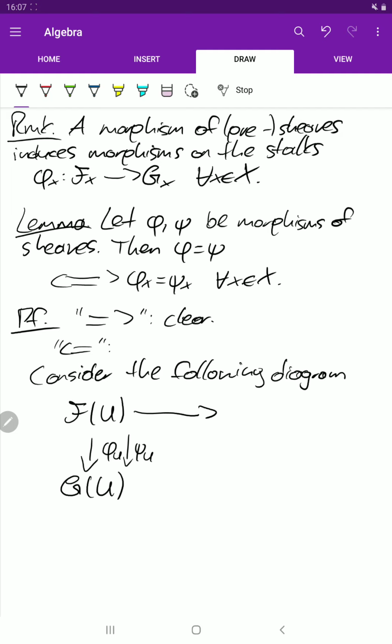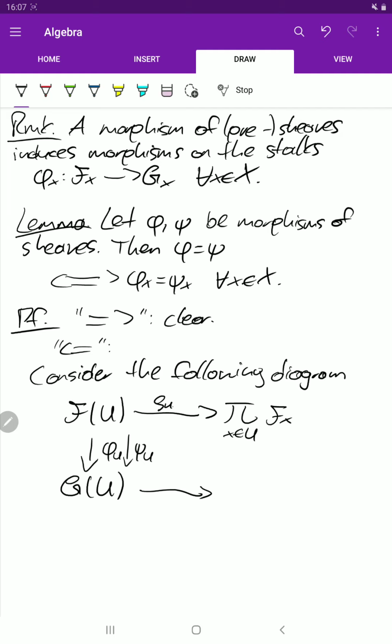Then we have a morphism, the morphism from above, so this rho_U, so that was just sending to the stalks, so this goes to the product of the stalks F_x.